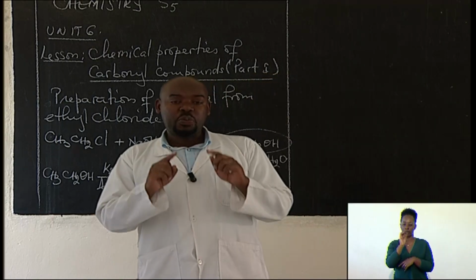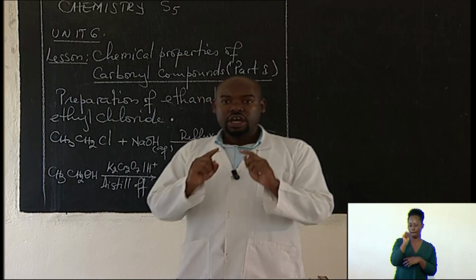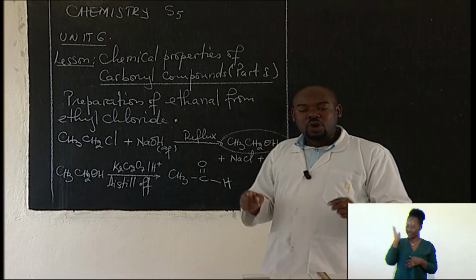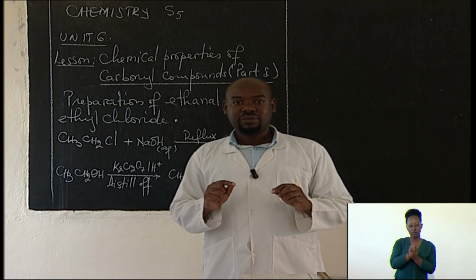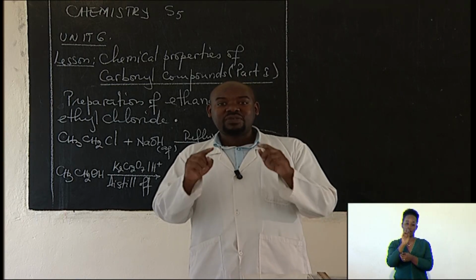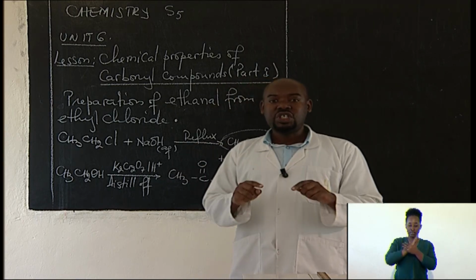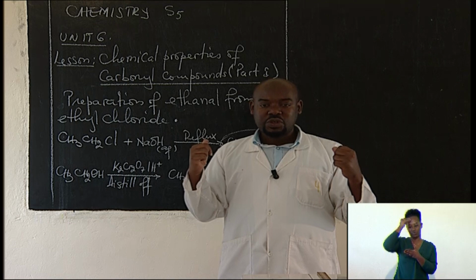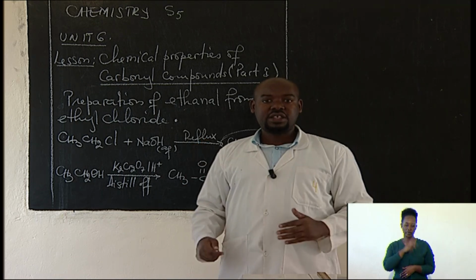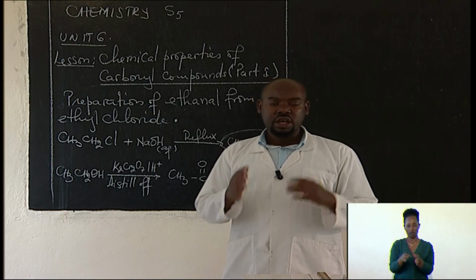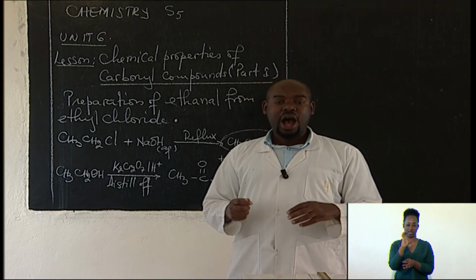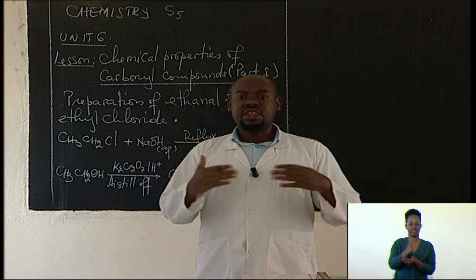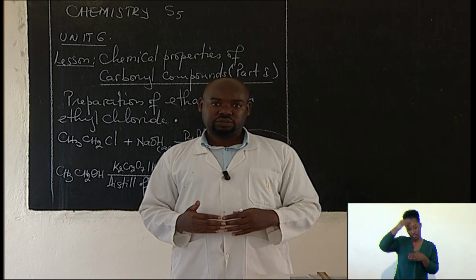So we have been able to prepare alcohols from carbonyl compounds in a process which is the reverse of this one, of course, because carbonyl compounds have some chemical properties which reflect what we have already covered. So today we will discuss the chemical properties of carbonyl compounds, ketones, and aldehydes, and I'm very sure that some of them, we have already covered when we were studying alcohols.